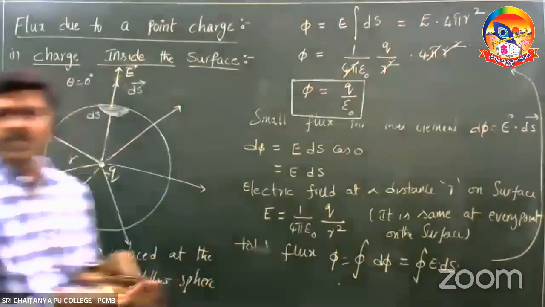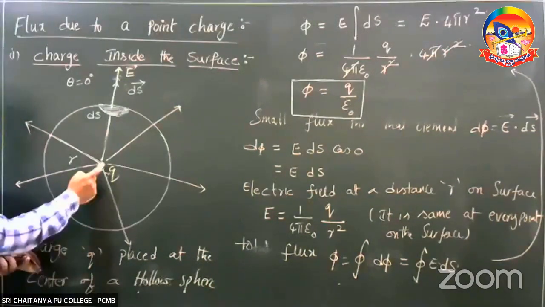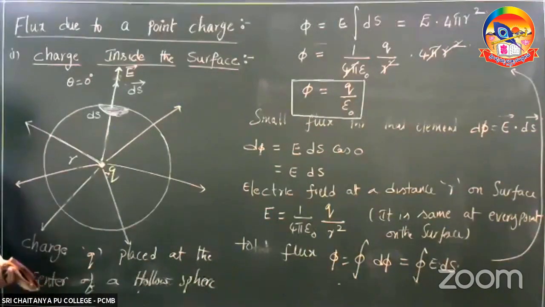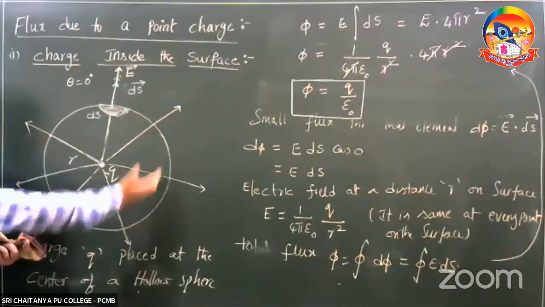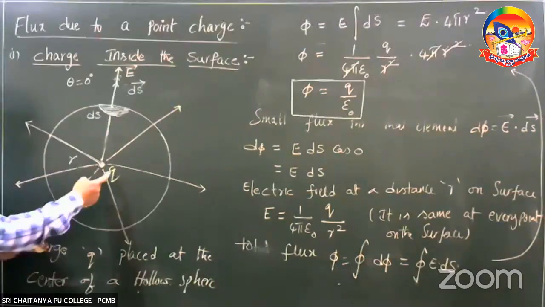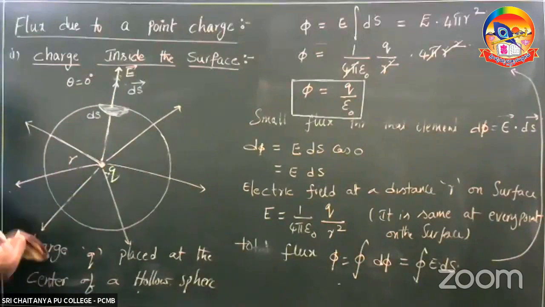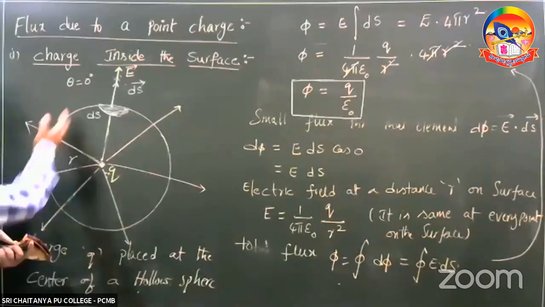This is the result. So whenever we place a charge inside a closed surface, like a hollow sphere, the flux coming out of that surface is Q by epsilon naught, right? So the flux is linked through it.